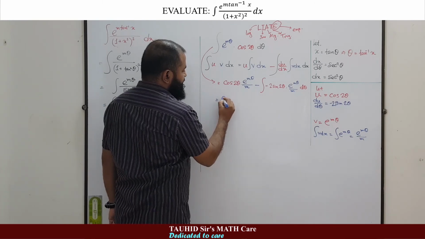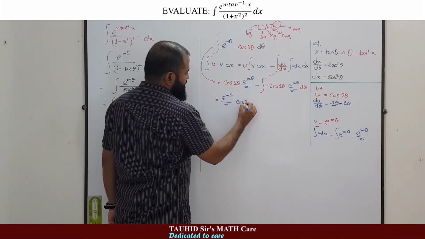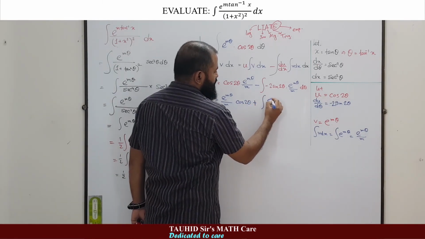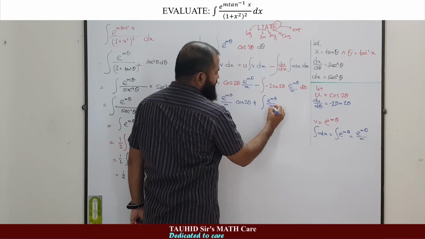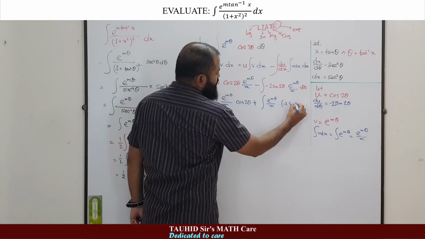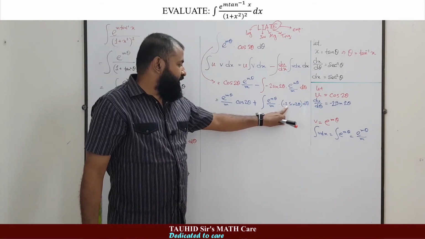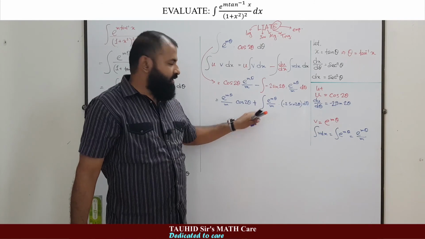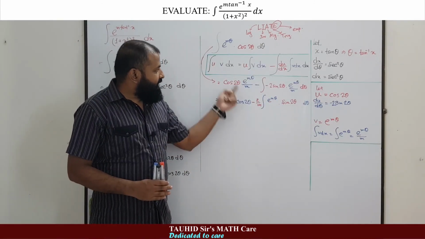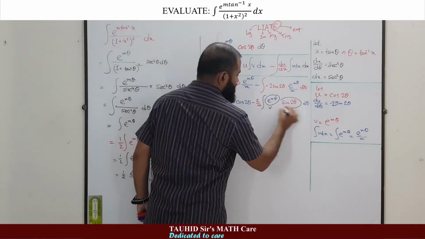Next line we can write e to the power m theta by m into cos 2 theta plus integration of e to the power m theta by m into minus 2 sine 2 theta d theta. And you know that we can bring this minus 2 and m outside the integration sign. Now we will use this formula again for finding this value.